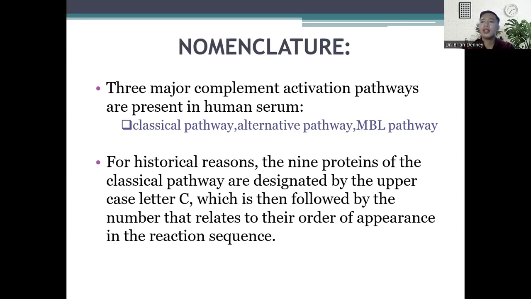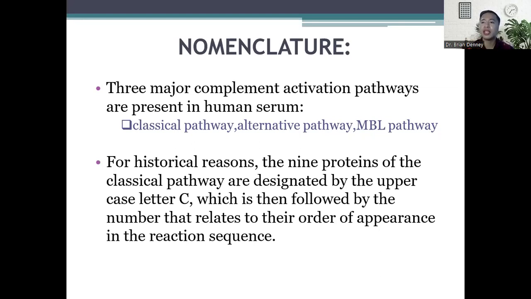So, supposedly, it should be C2 first. But C2 was discovered first before C4. But they learned through several experimentations that C4 is activated before C2 and C3. That's why, if this is the question, take note, this always comes out in the board examination.